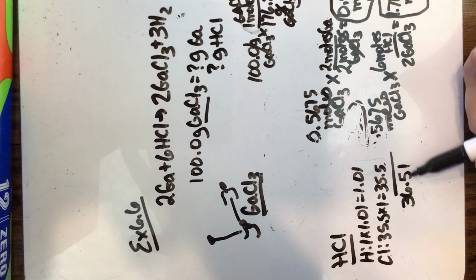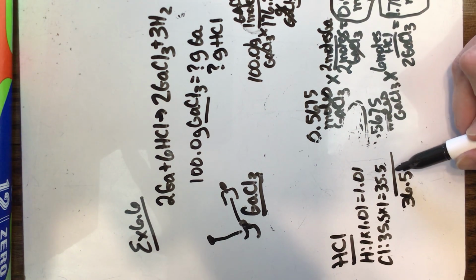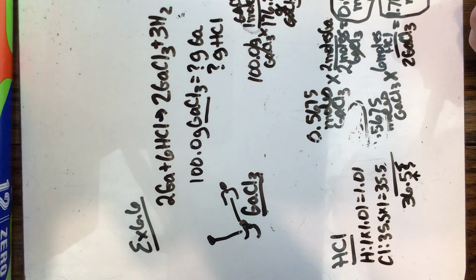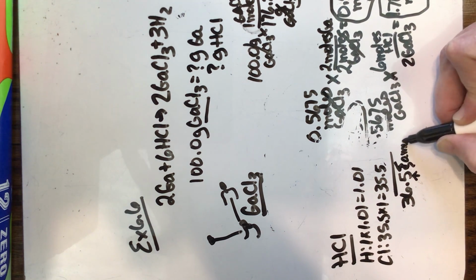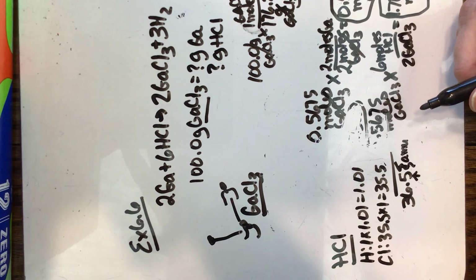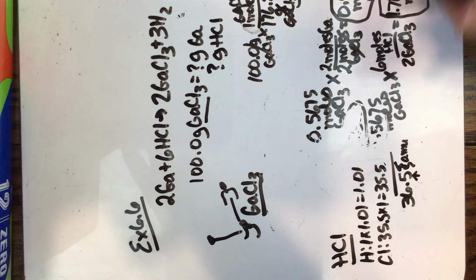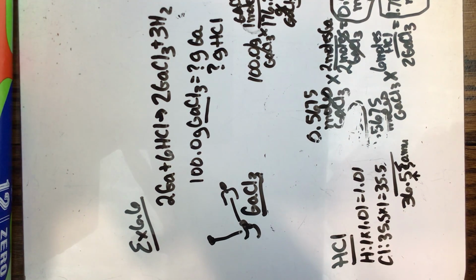On the test, some of you didn't have your precision right on this. The precision is to the tens place, so we're going to ignore the 1 and just say that there's 36.5 AMUs, and that means that there are 36.5 grams in a mole, okay?